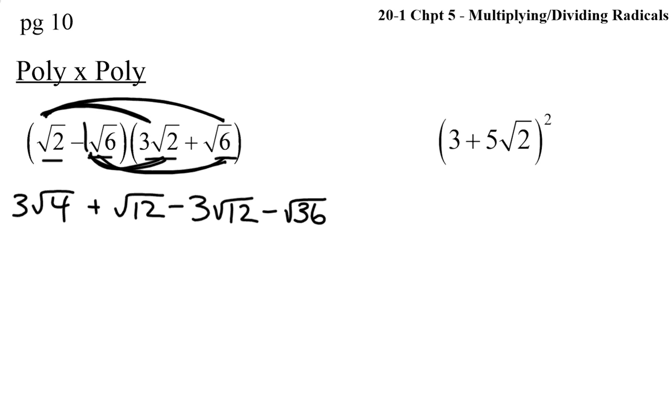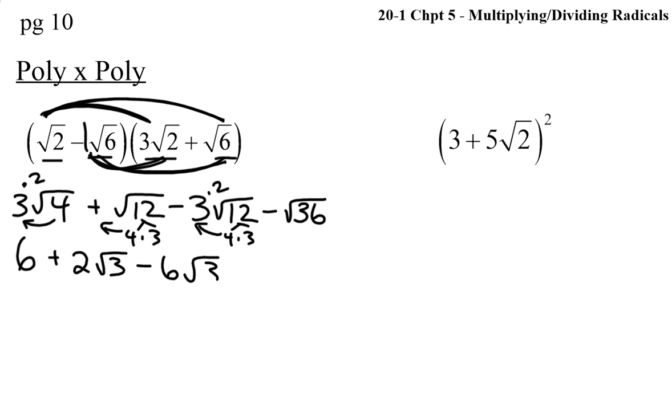Now we can simplify. Well, to start with, root 4, perfect square, comes to 2, we're left with a 6. 12, 4 times 3, root out the 4, we're left with 2 root 3. 12, 4 times 3, root out the 4, multiply that coefficient by the 2 that's been rooted out, negative 6 root 3.